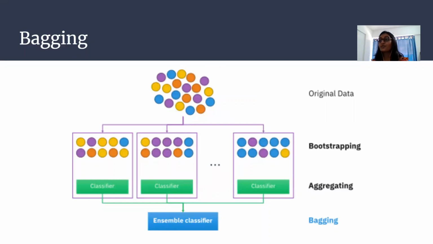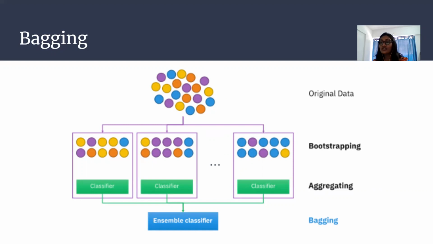Now, this step of row sampling with replacement is called bootstrap. Now, each model is trained independently, which generates results. The final output is based on majority voting after combining the results of all the models. Now, this step of combining results and generating output based on majority voting is known as aggregation.